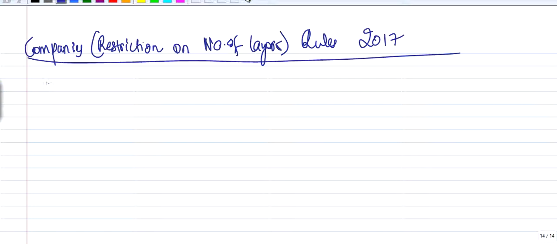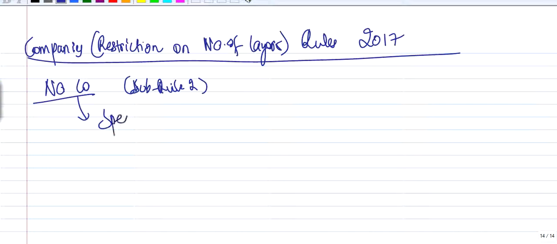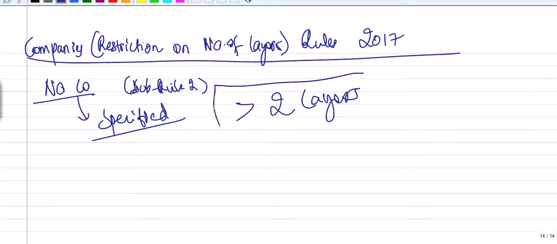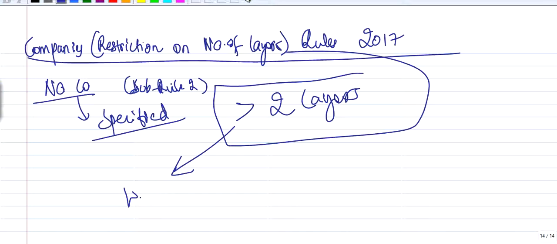No company shall have, except as specially mentioned in sub-rule 2, okay, except that one, no company that is specified should have more than 2 layers, except for the wholly owned company.